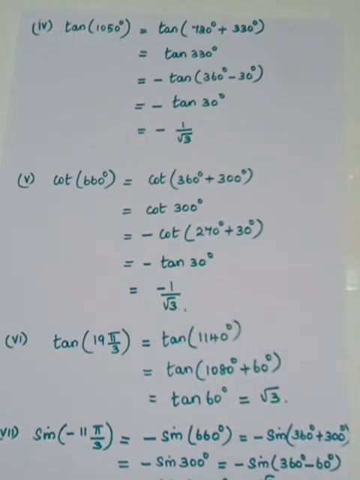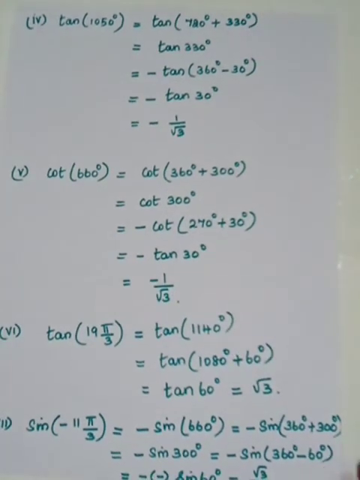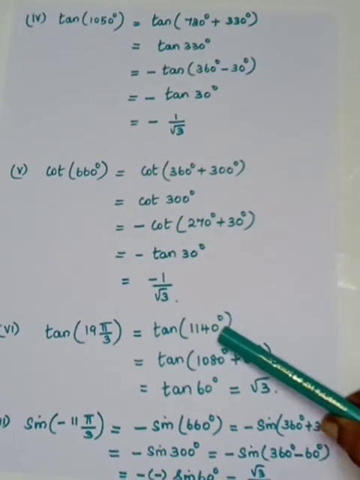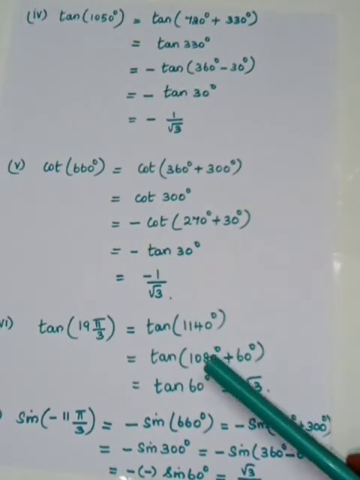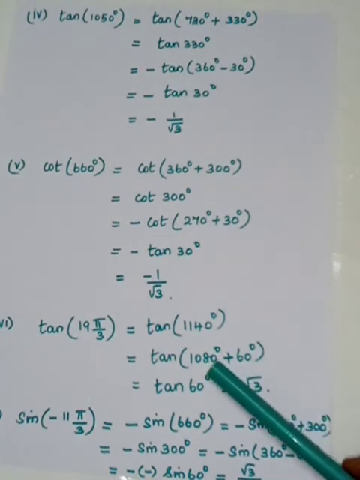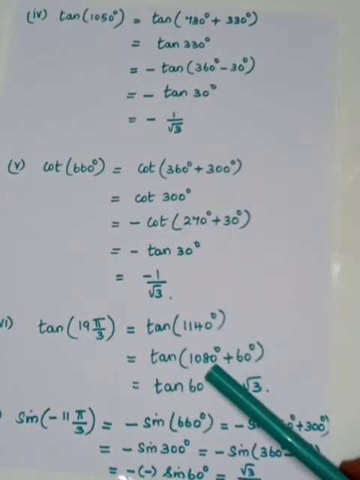And next one, you see that it is tan 19 pi by 3. So what is pi by 3? Pi by 3 is 60 degree. 19 into 60 degree, if you multiply, it is 1140 degree. So it is more than 1080. So 1080 plus 60. 1080 means how many complete rotations are over? 3 complete rotations are over.